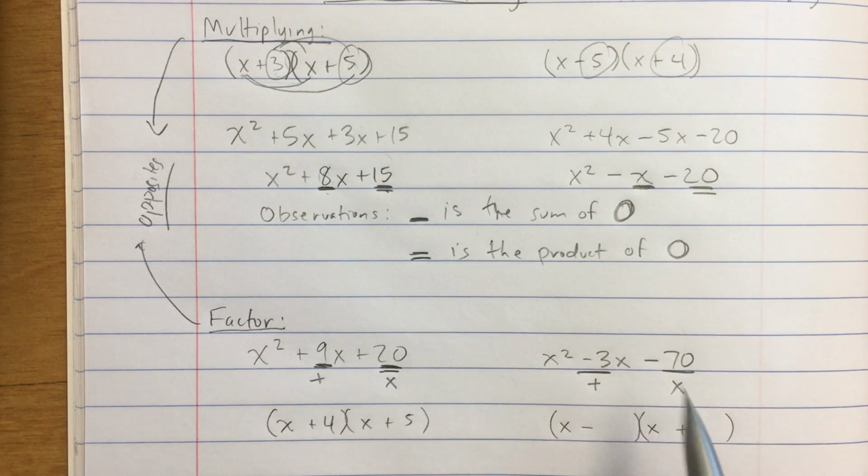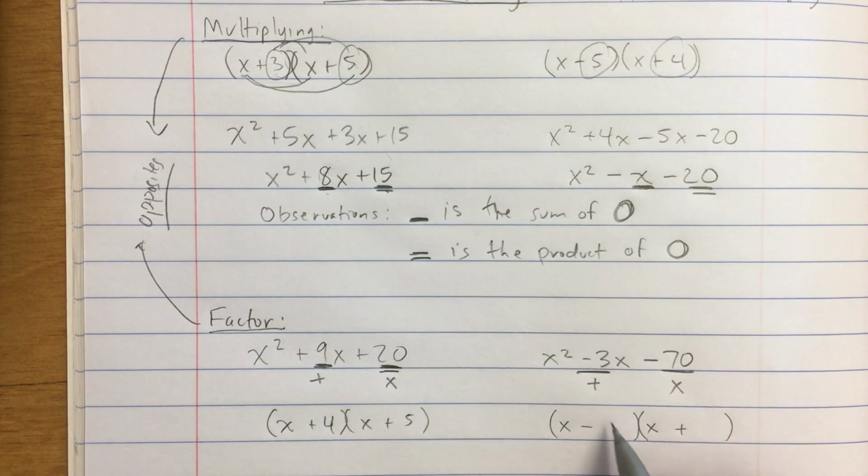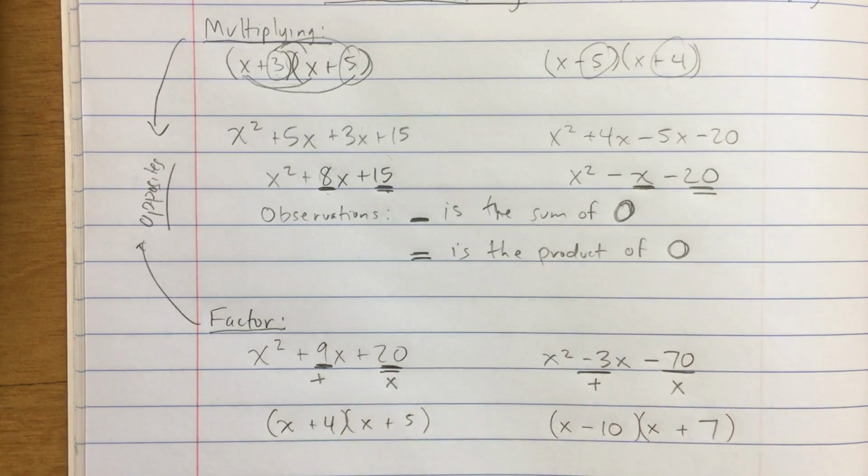That's the only way I'm going to multiply and get negative 70. And what I'm actually looking for is two numbers that subtract to get 3, because I need to end up with a negative 3 here. I think, let's see, 70, 35 times 2, those don't have a difference of 3. 7 times 10 is going to be the key here. So which one is going to be negative? If I need them to add to negative 3, that's going to be negative 10 and positive 7.